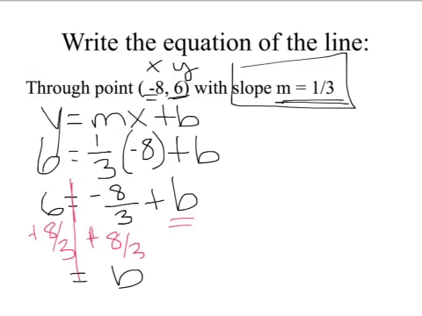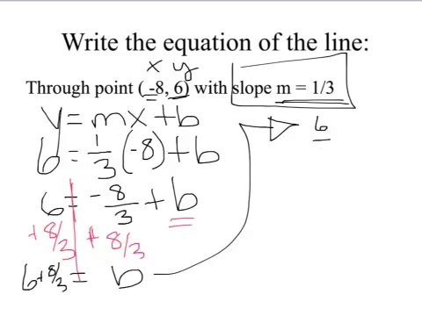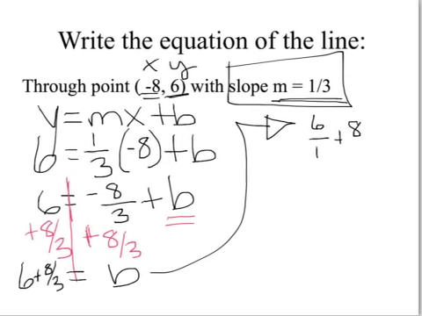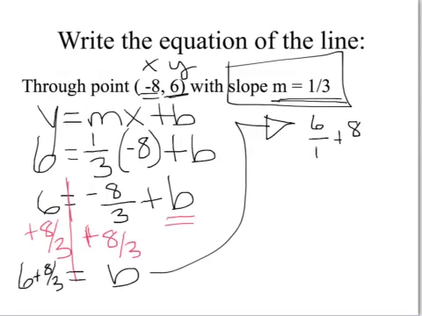So 6 plus 8/3, I'm going to show the work for that over here. 6 over 1 plus 8 over 3. So we need a common denominator here. The common denominator is going to be 3.